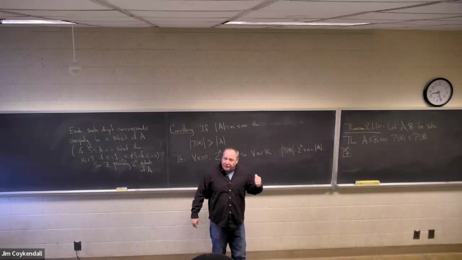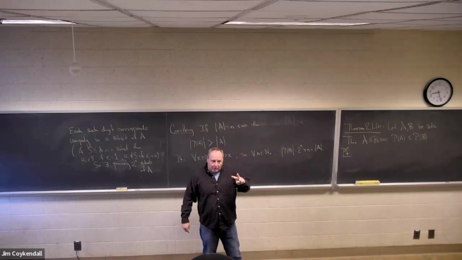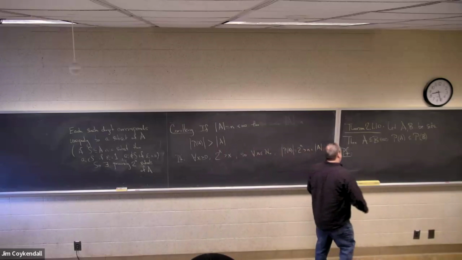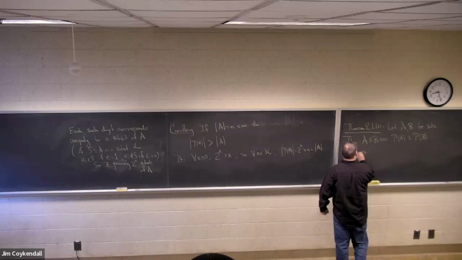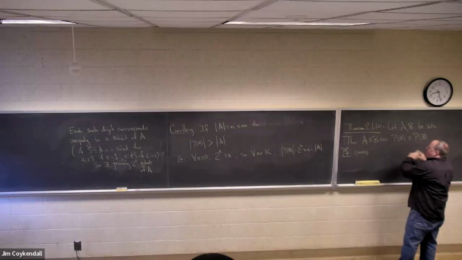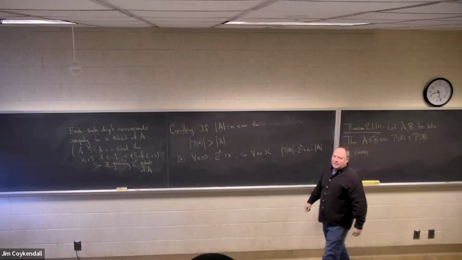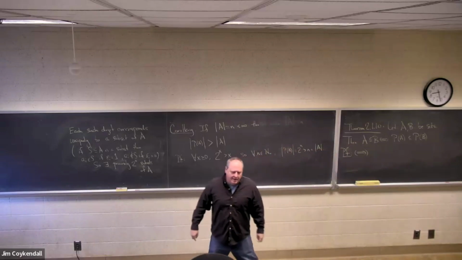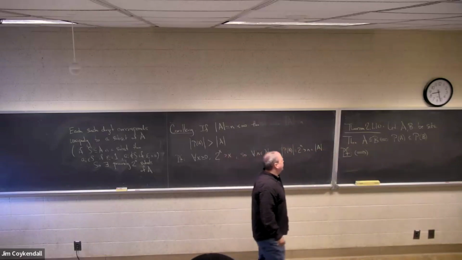By the way, remember this is an if and only if, so I've got two things to do. I have to prove that if A is contained in B, then the power set of A is contained in the power set of B.